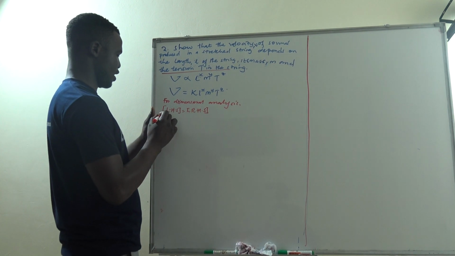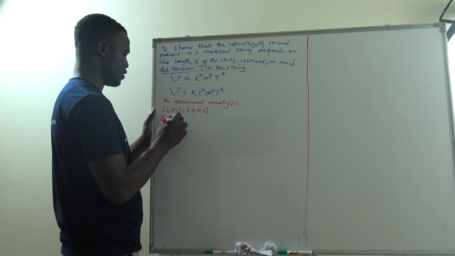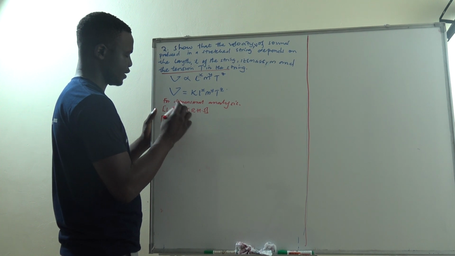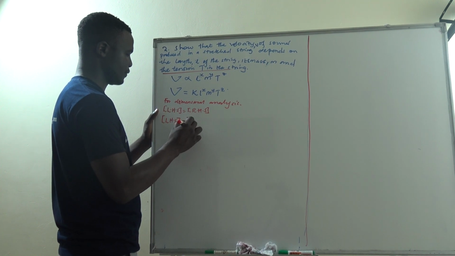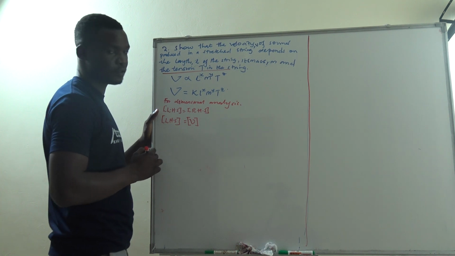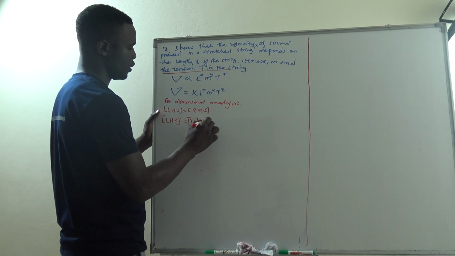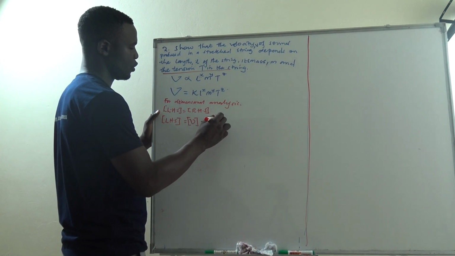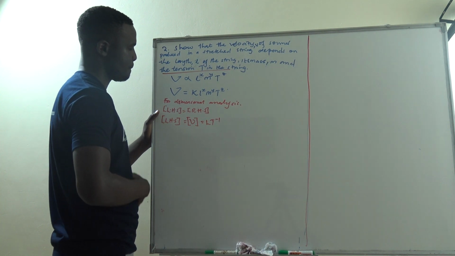So let's begin by getting the dimensions on the left hand side. The dimensions on the left hand side are the dimensions of velocity v, which we know to be L per t.